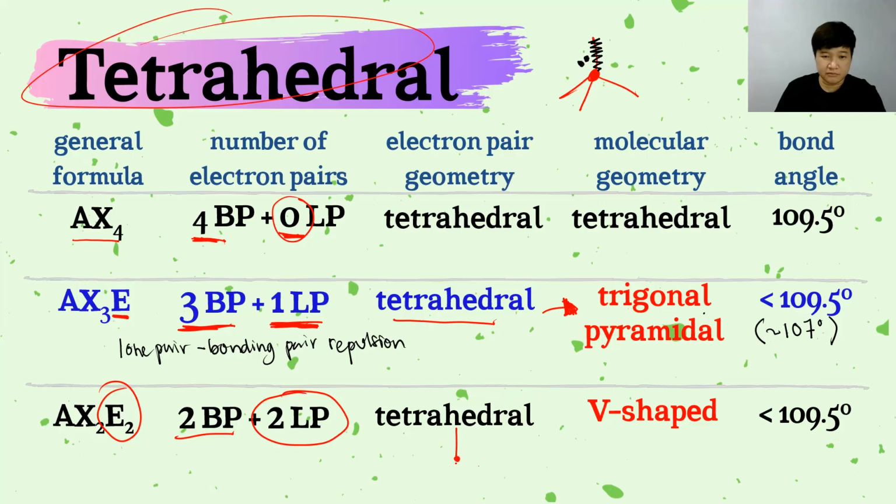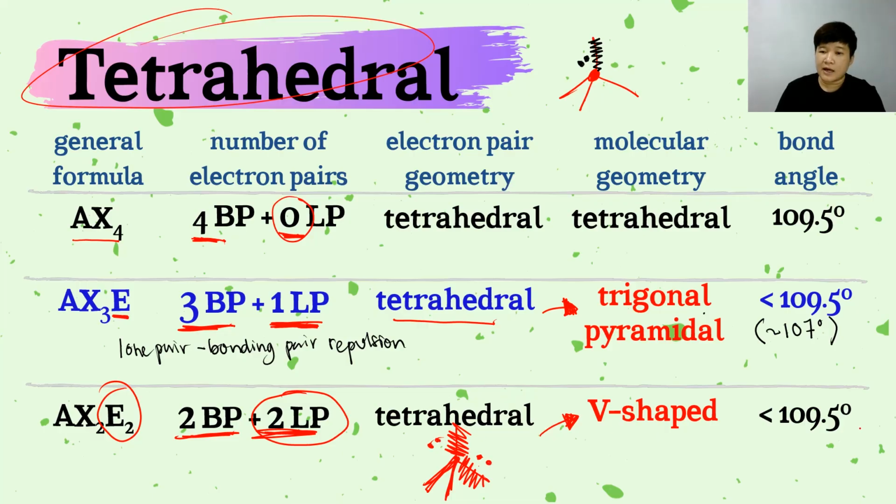Your tetrahedral is now having 2 bonding and 2 lone pairs. So 2 of the bonding need to be substituted with lone pairs. So what is left? Can you see the V shape? Again, V shape produced. So your molecular geometry will change from tetrahedral to a V shape because 2 bonding pairs are replaced by 2 lone pairs.